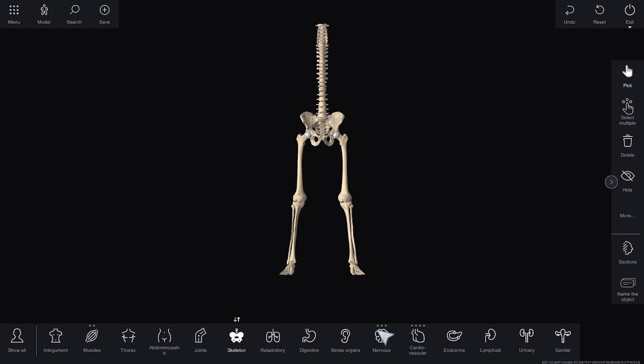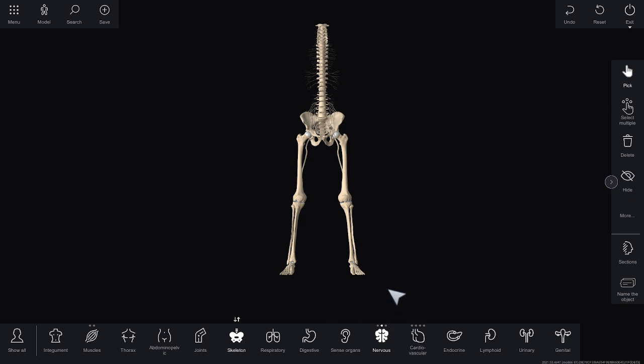I click here. Can you see 3 points here? So, the first time when I click, we shall activate the somatic nervous system. The lumbar plexus is part of the somatic nervous system. The second time I click, we have more nerves.